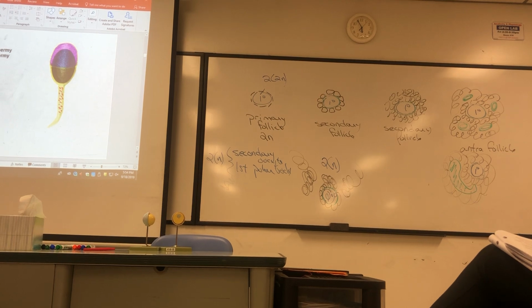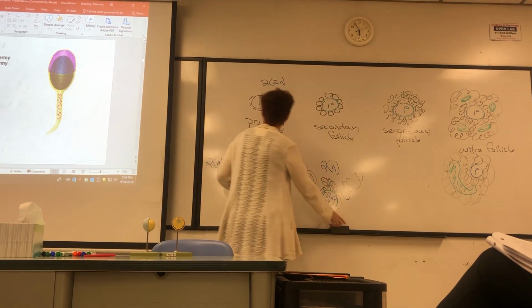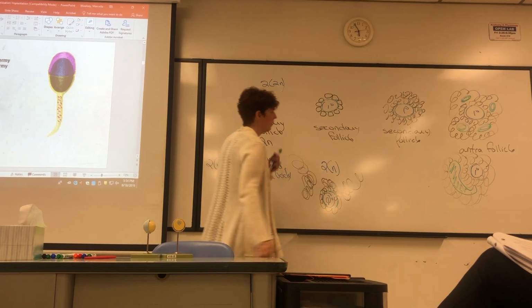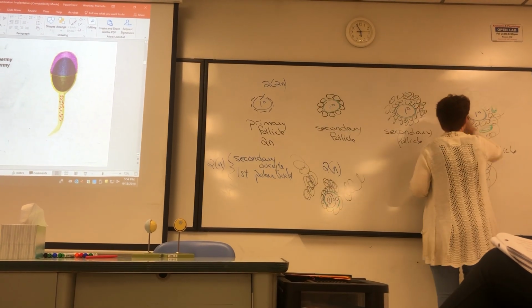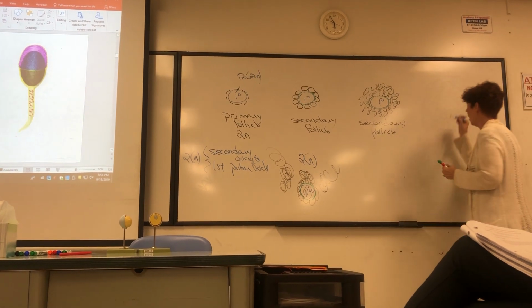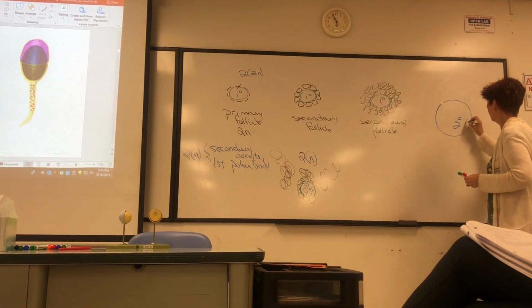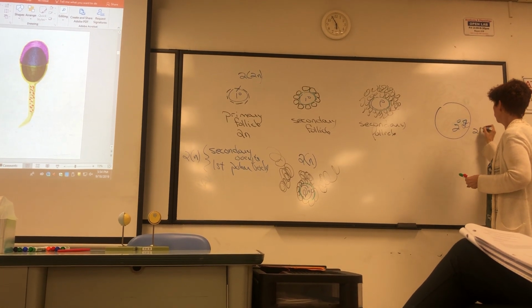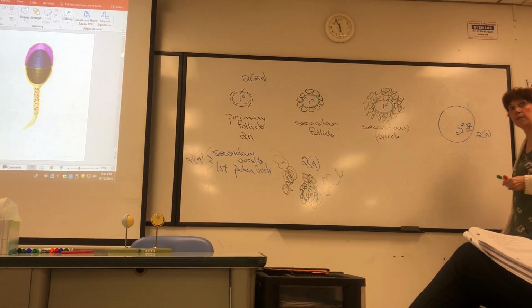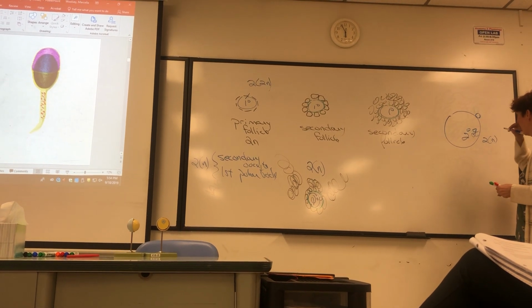And so what we have inside that, I'll erase this one over here. So then we have our secondary oocyte with its 2N chromosomes. We have the first polar body, all right?